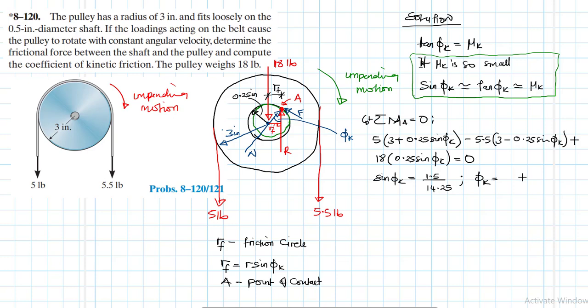If we do so, we find that this gives us 12.15 degrees. And therefore, we said tan phi k is equal to mu k.